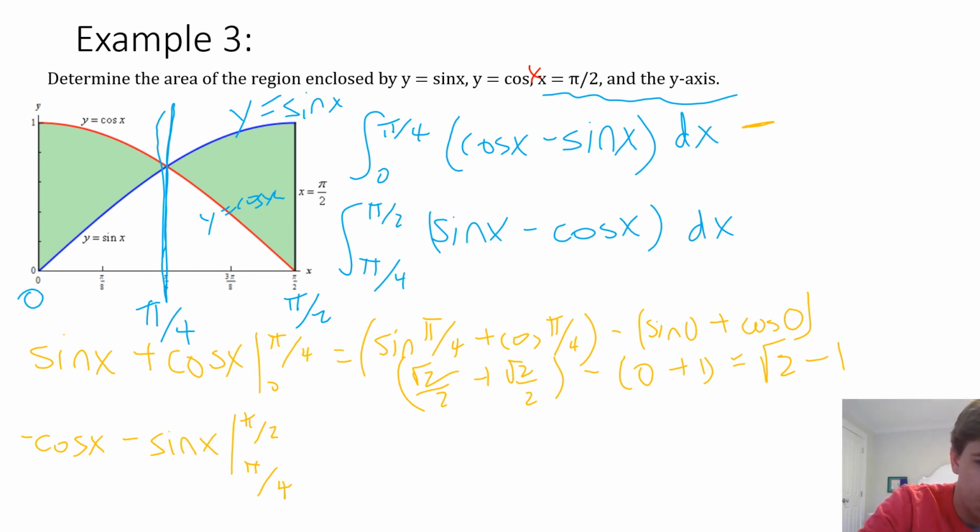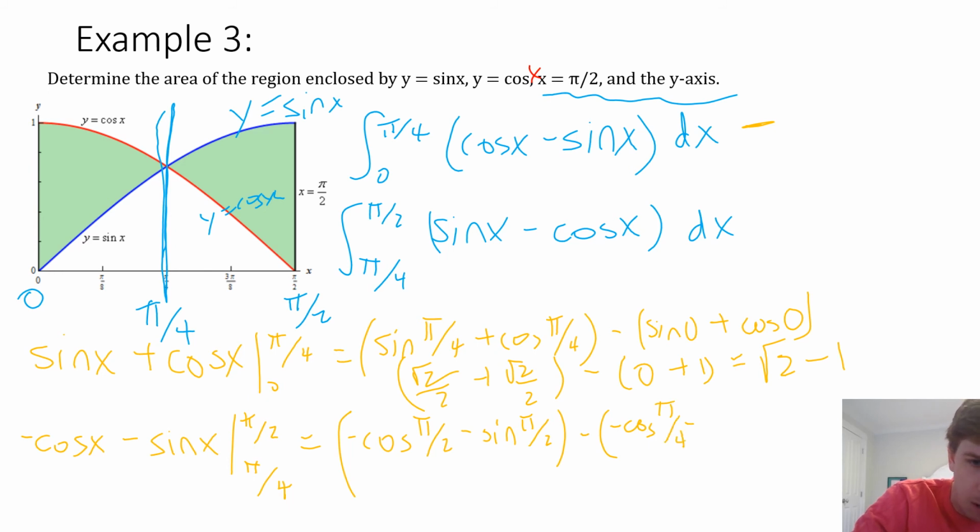Let's do the second one here. So we'll have negative cosine of pi over 2 minus sine of pi over 2, minus, whoops, I need to plug in pi over 4 over here.